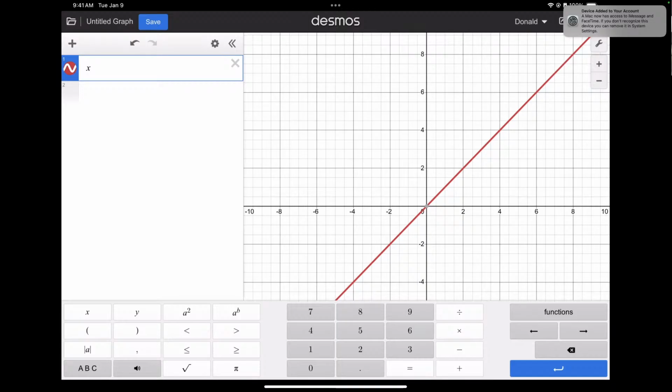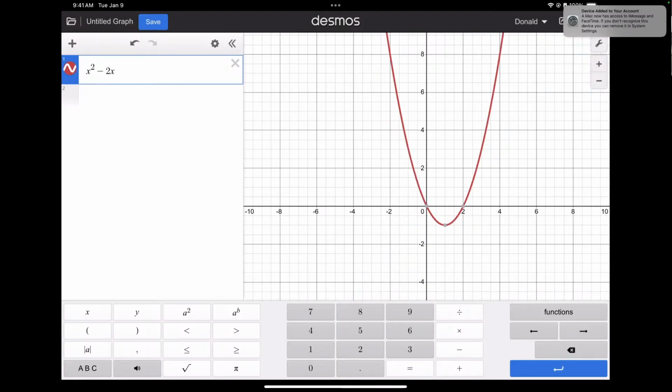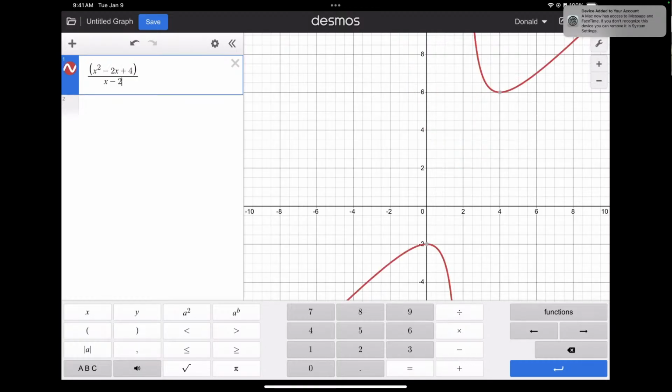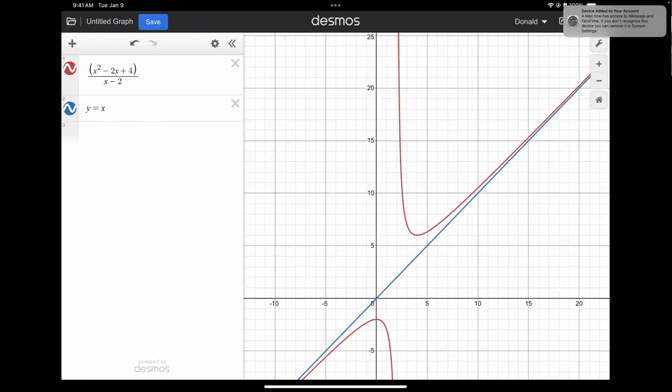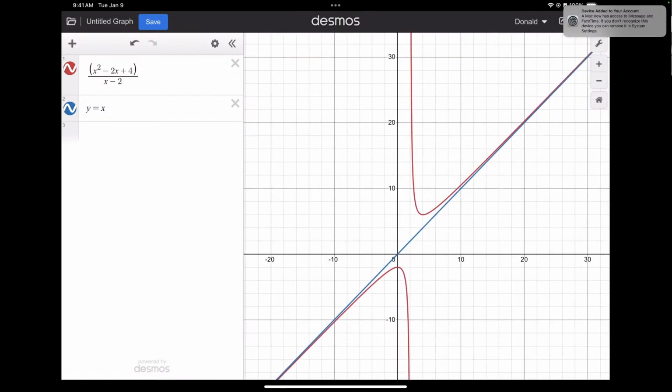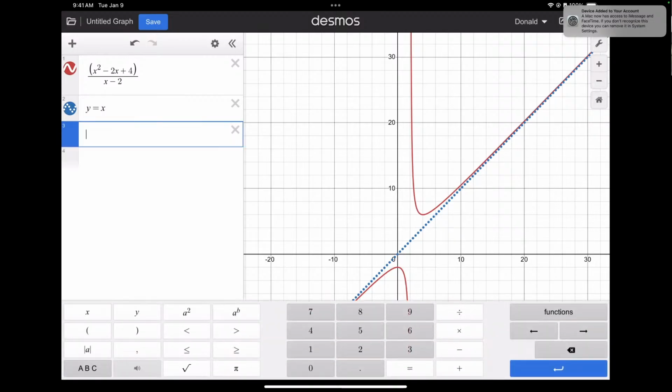It was x squared minus 2x plus 4 all over x minus 2, okay. And you see that slant asymptote, y equal to x? So that's a slant asymptote. If you do long division, you figure out that's the slant asymptote, and the vertical asymptote is x equal to 2.